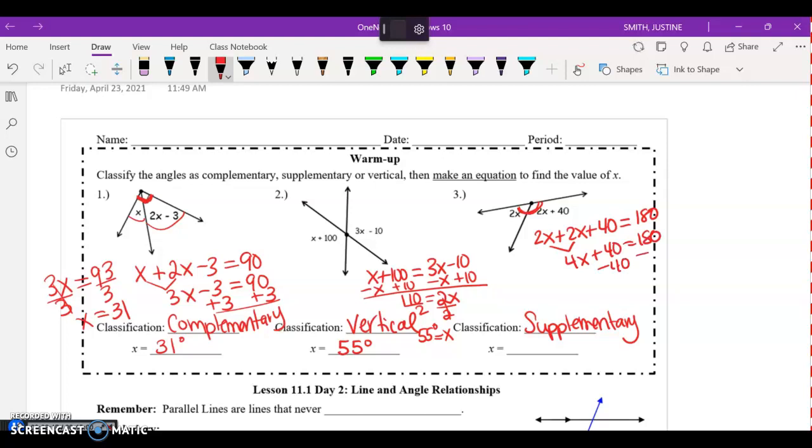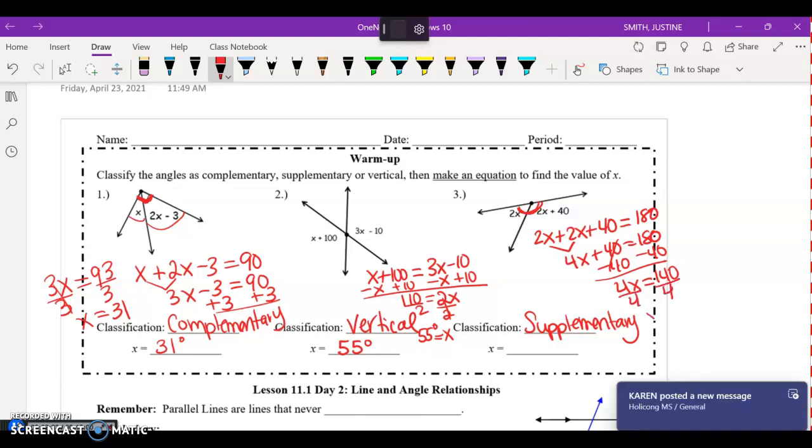We solve to get 4x equals 140. Then we divide 140 by 4, and that gives us x is equal to 35 degrees.